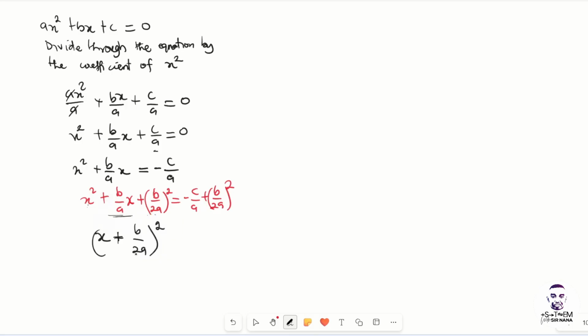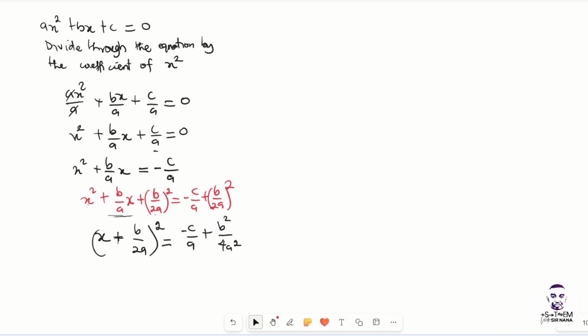Once we expand this, we should be able to get x squared plus b over a x plus b all over 2a all squared. We'll see that when we are using the real example. So it's equal to negative c all over a. When we expand this side, we are going to have b squared all over 4a squared.